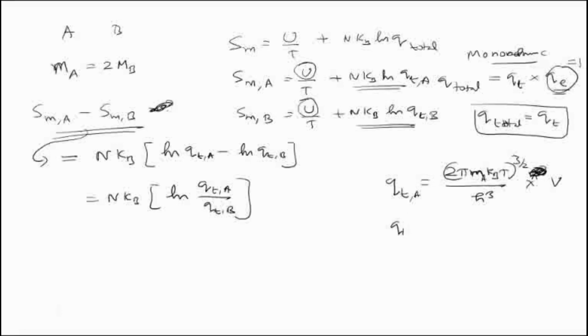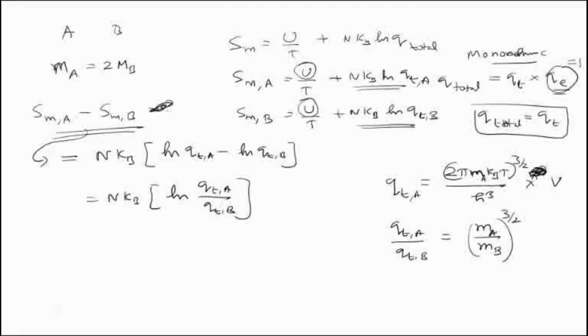Therefore, QTA by QTB is equal to (MA by MB) whole power 3 by 2. All other things get cancelled.